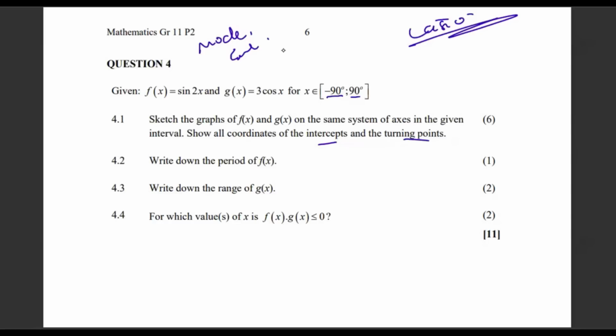We close the bracket, press the equal sign, and then if your calculator offers you the g of x, then also put it. If it doesn't offer you the option of the g of x, then you're going to have to draw one graph at a time. Then you go back.